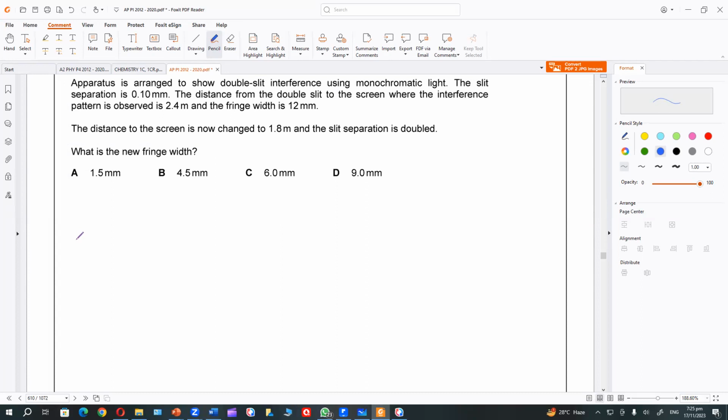Apparatus is arranged to show double slit interference using monochromatic light. The slit separation is 0.10 millimeter. The distance from the double slit to the screen where the interference pattern is observed is 2.4 meter.